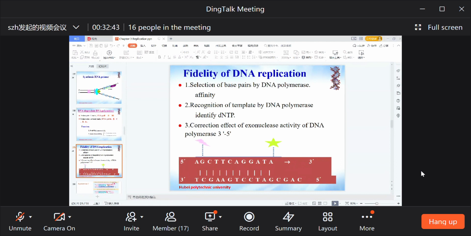Polymerase 1 can compensate the gap, the smaller fragment. In other words, polymerase 3 mainly catalyzes and synthesizes the strand.